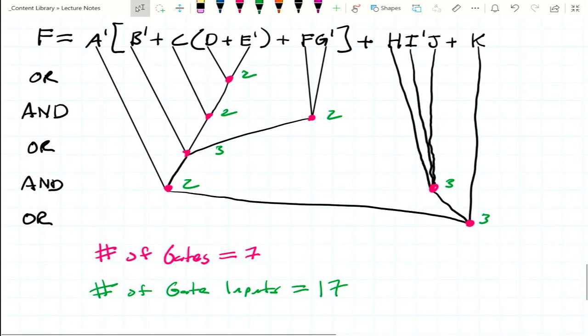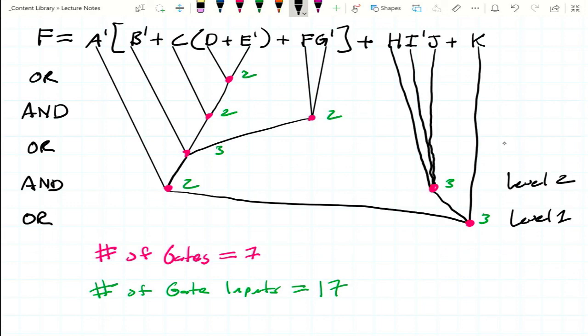And then finally, our levels, we had what? We had a level 1, a level 2, a level 3, a level 4, and a level 5.